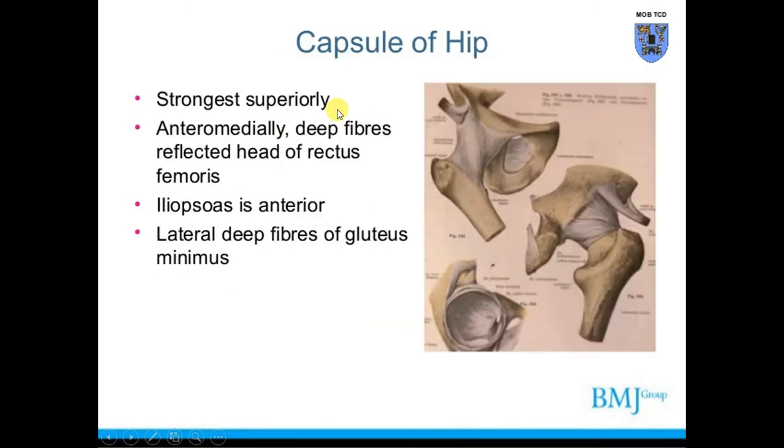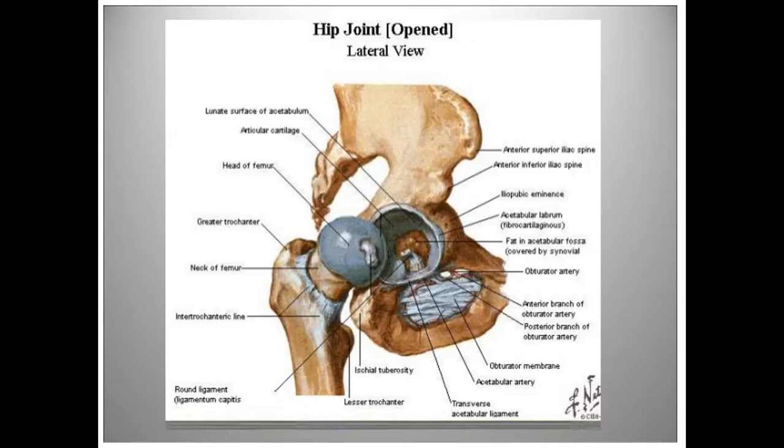We can go back to this diagram: the first three ligaments are the acetabular labrum, the ligament of the head of femur, and here is the transverse ligament.